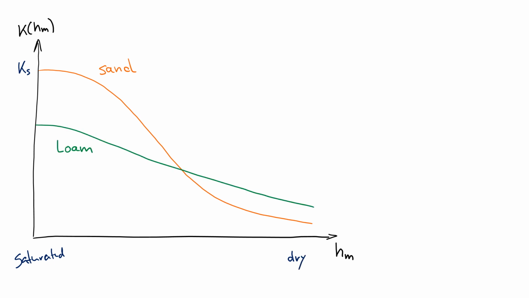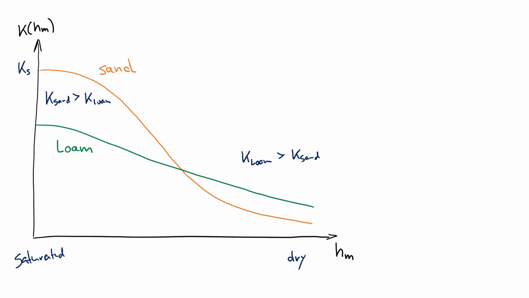Now contrast that with the loam soil, you'll see that the saturated value for the loam soil is lower than that of the sand, which is consistent with what we've learned in the past. And also that under wet conditions, the hydraulic conductivity of sand is greater than that of the loam. However, as we go to dry conditions, the situation reverses, and now the hydraulic conductivity of the loam is greater than that of the sand.